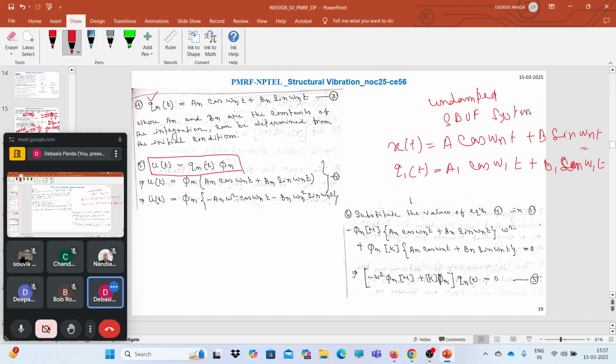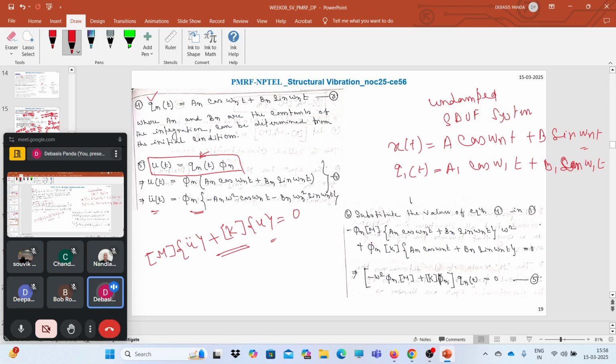Now if we substitute the value of qn, we will have this equation, and we can find u double dot t, because we need to complete our equation m u double dot plus k u is equal to 0. So u double dot t you can easily differentiate with respect to time. It will look like this: phi n times minus an omega n square cos omega n t minus bn omega n square sin omega n t. Now substitute all these values into this equation.